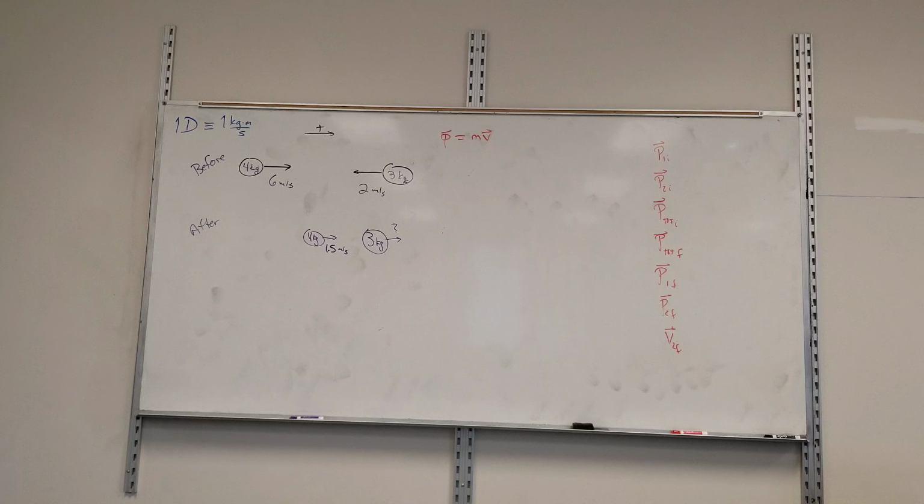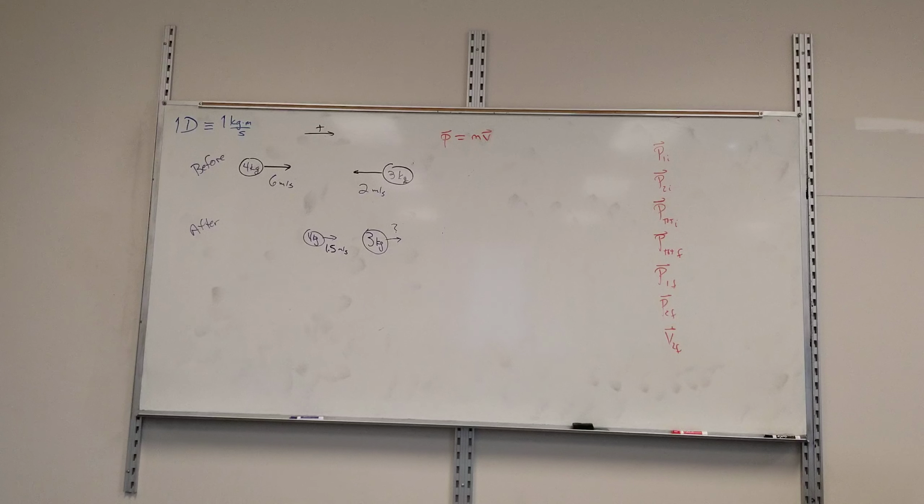Four things you need to define. Now, you know what to do next? You need to find, once you have the total and the initial and final, given enough information there, you can find the velocity of that.